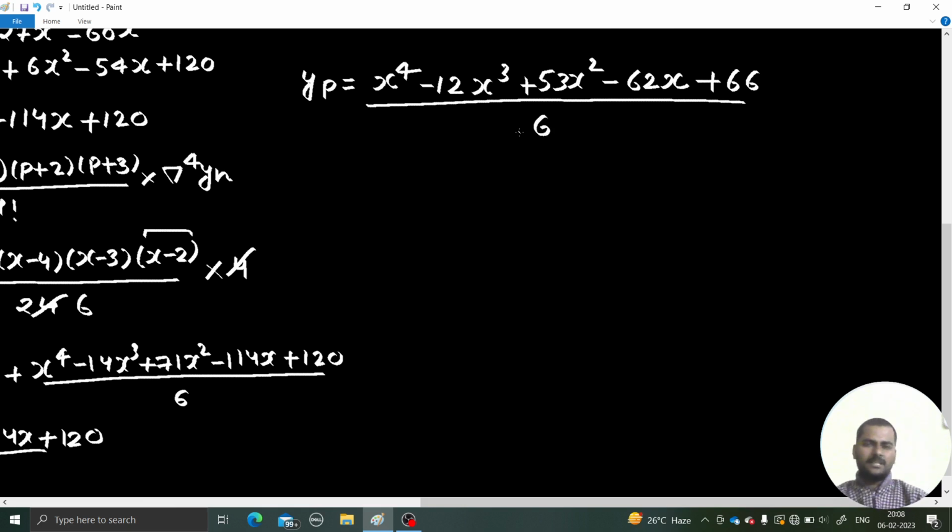Let me match it. There are other ways to match this out. If you put the value of x as 1, you should get the expression value to be equal to 1. Let me check this with the calculation which I have done.